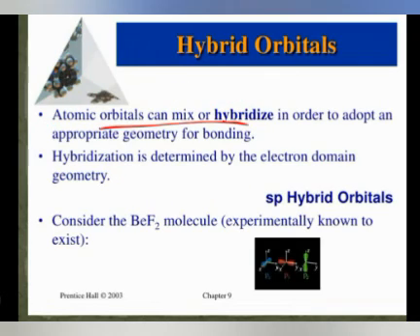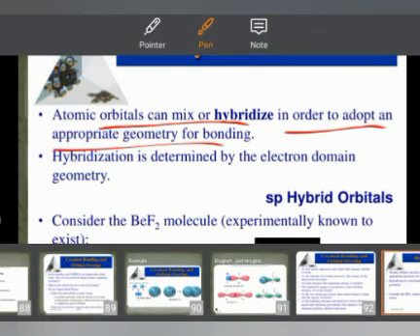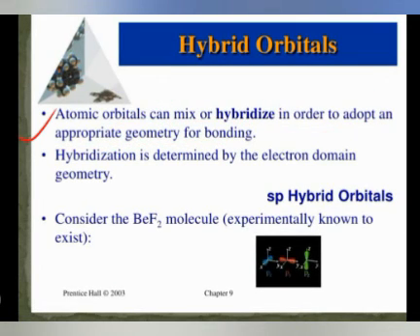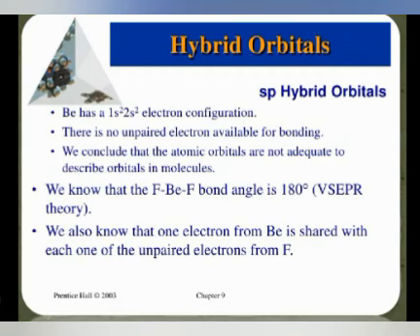So atomic orbitals can mix or hybridize in order to adopt an appropriate geometry. When any molecule is hybridized, it forms some appropriate geometry. Hybridization is determined by the electron domain geometry. We have many types of hybridization, which we will study in detail in the next video: sp, sp2, sp3, dsp2, dsp3. These are the hybridizations.